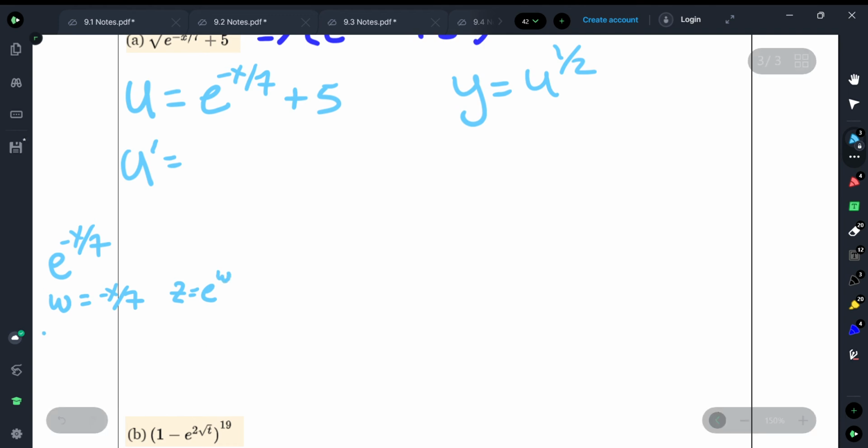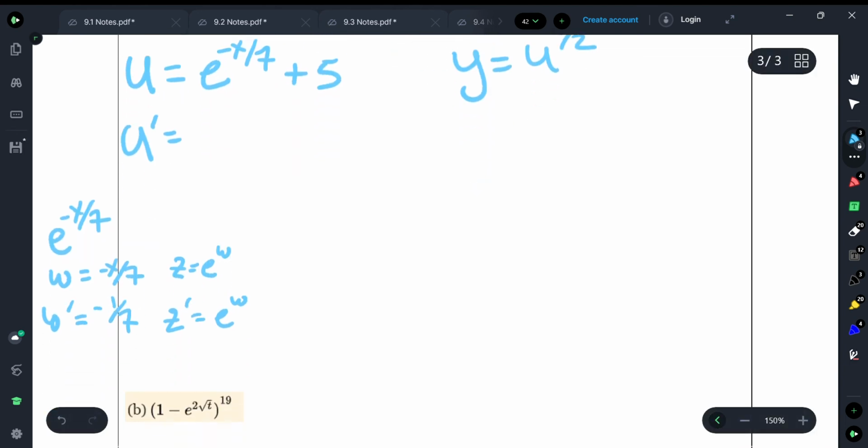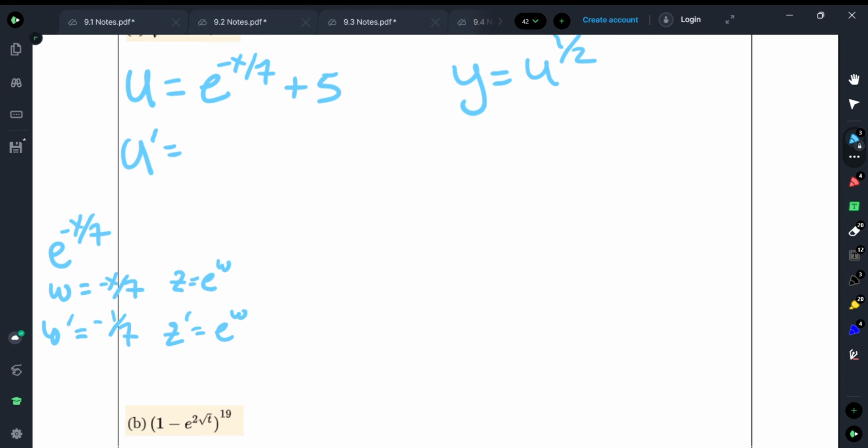All right, so the derivative of w is just going to be negative 1 over 7 times x. The derivative of x is just going to be 1. So we got that there. So the derivative of z is going to be e to the w power. All right. So very straightforward.